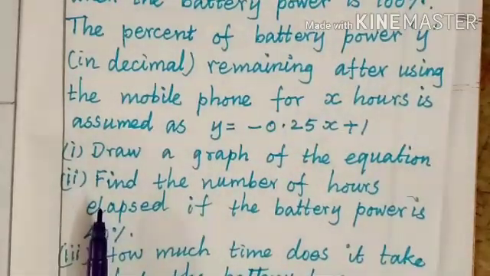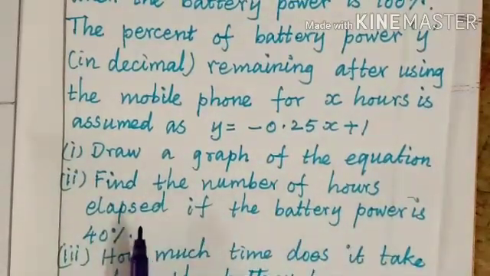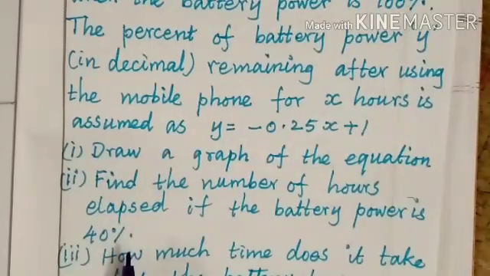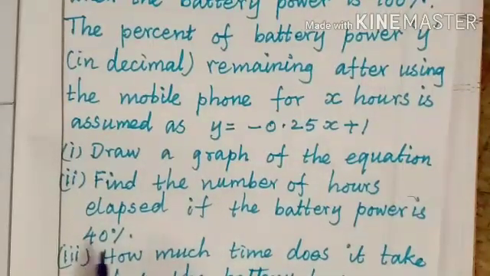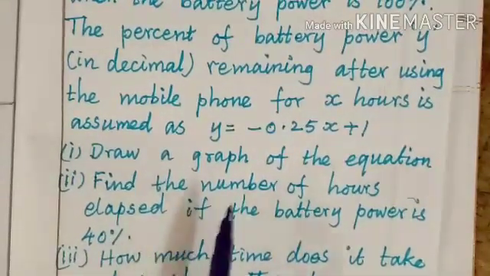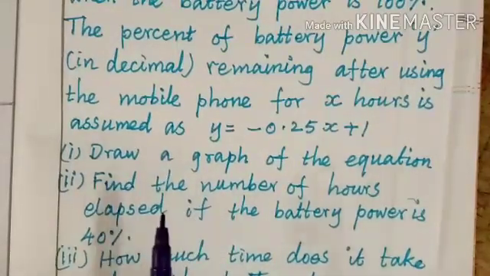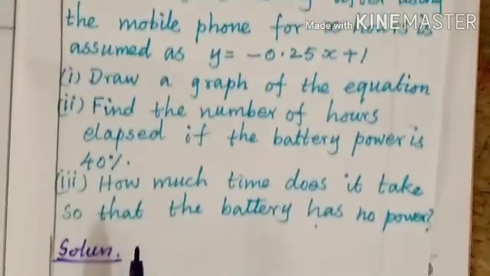Then next subdivision, find the number of hours elapsed if the battery power is 40%. In this question, battery power 40%, that is y-axis, is given. We have to find used time x in hours.